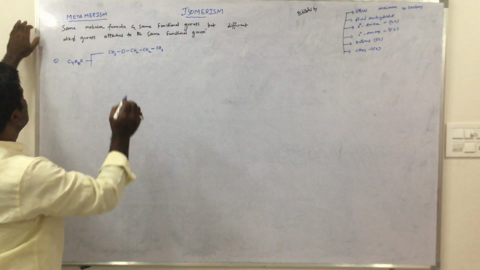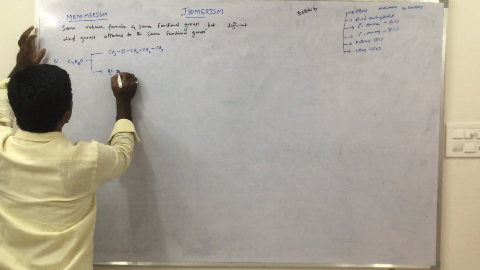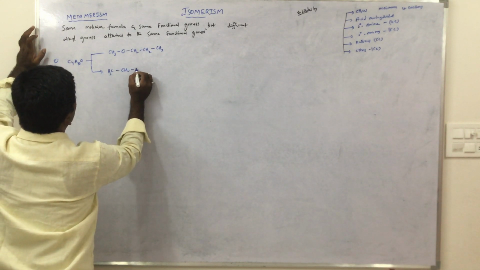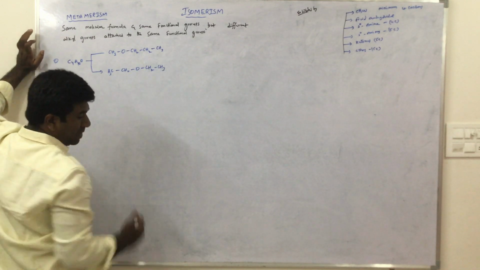The second structure is CH3-CH2-O-CH2-CH3.